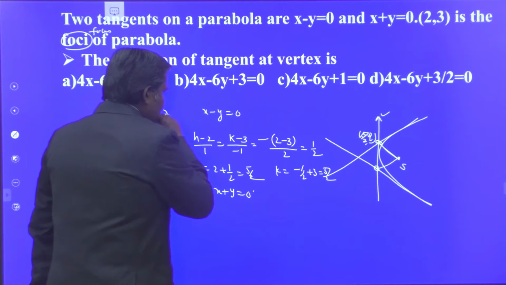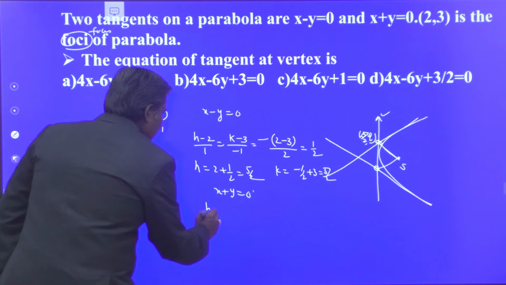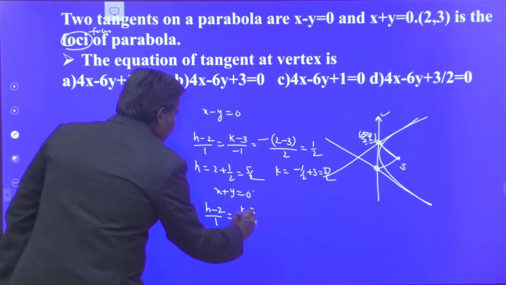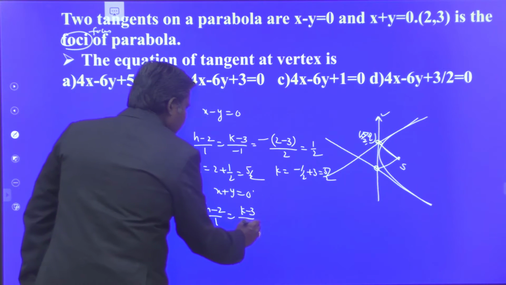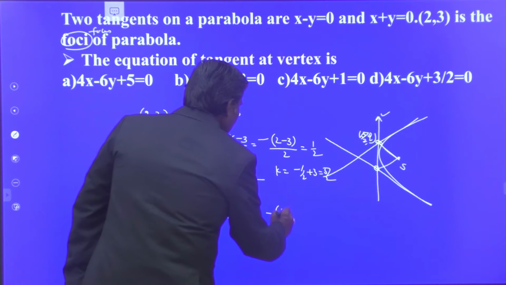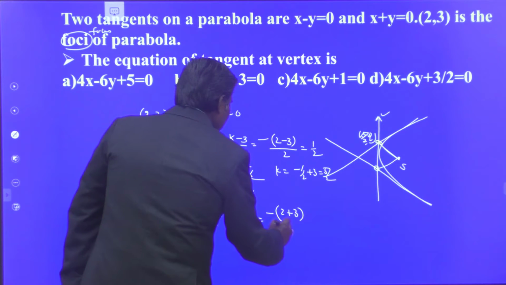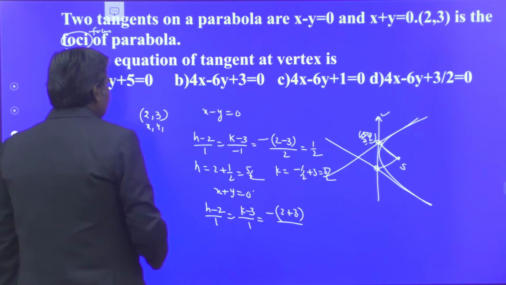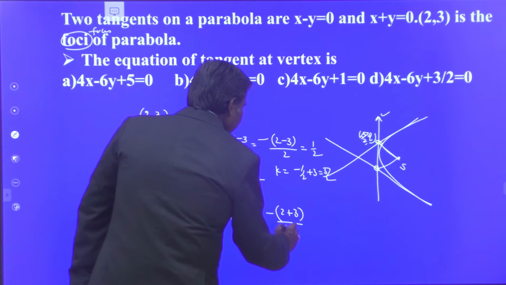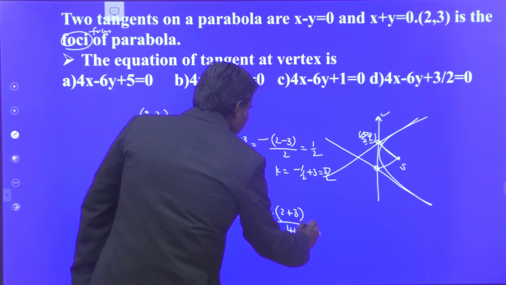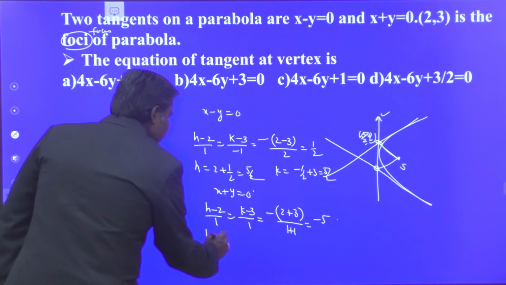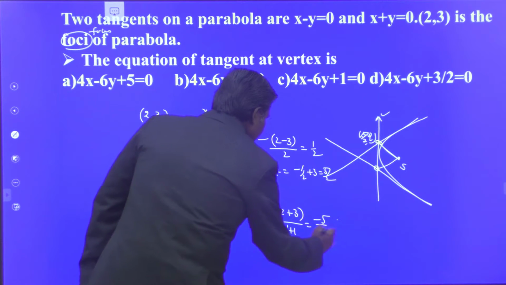Now, h minus 2 by 1 is equal to k minus 3 by 1 is equal to minus of (a x1 plus b y1 plus c) by (a squared plus b squared). That is minus of (2 plus 3) by 1 plus 1, that is equal to minus 5 by 2. So h minus 2 is minus 5 by 2.